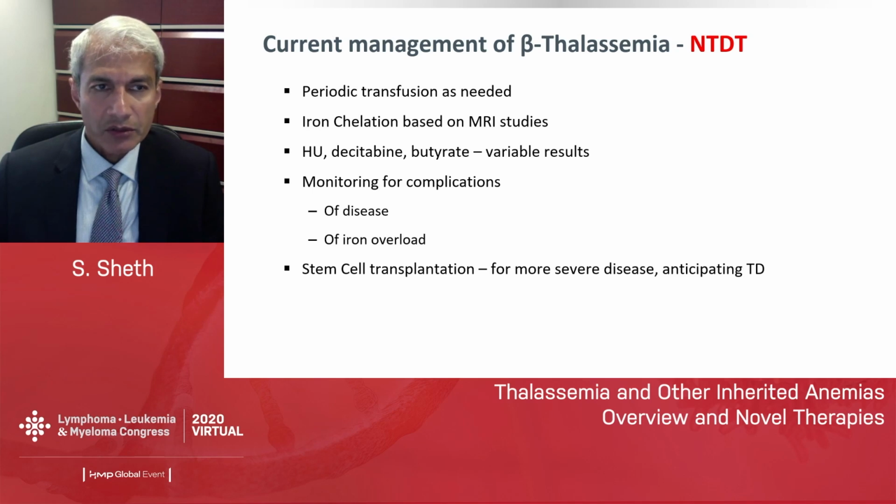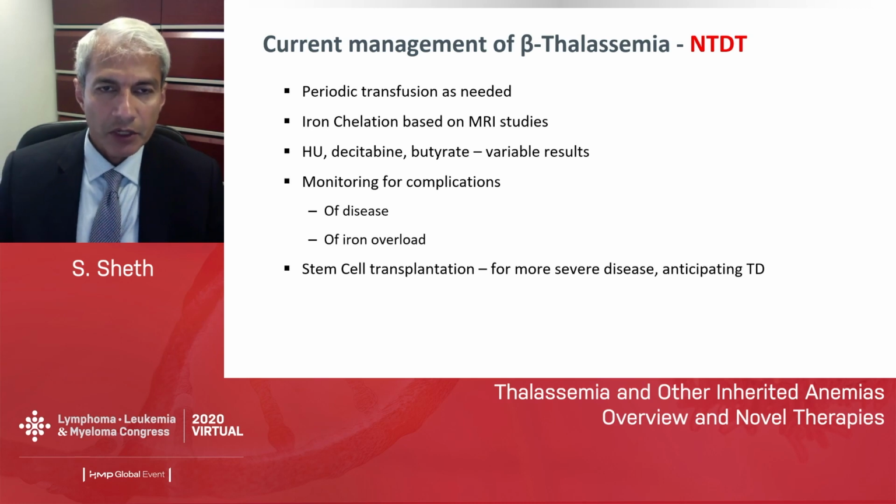Non-transfusion dependent thalassemia patients may require transfusions occasionally. Sometimes they move along the spectrum and go from being transfusion independent or non-transfusion dependent to being transfusion dependent. And this is really dictated by the occurrence of complications such as silent strokes and pulmonary hypertension or spinal nodules of erythropoietic tissue.